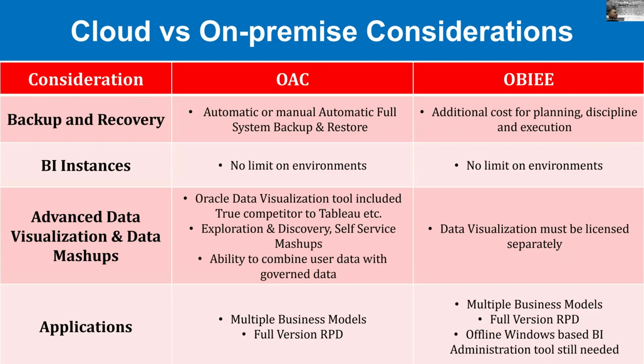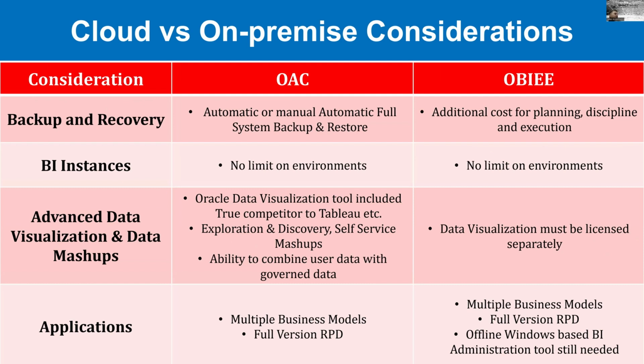So backup and recovery, this is automatic with OAC, and it's automatic full system backup and recovery, and you can turn this off, but again, there's a note of caution with that capability.